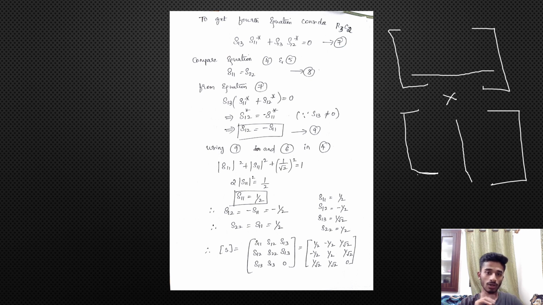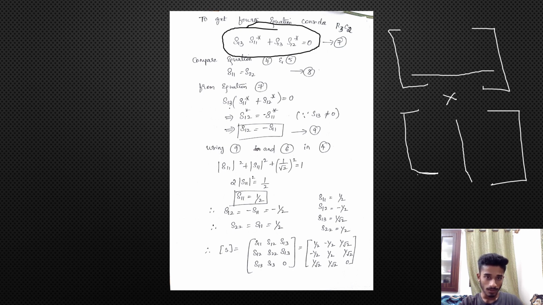From equation 7, we are going to take S13 as common. When we take S13 as common, we get S13 into S11 asterisk plus S12 asterisk is equal to 0. As we all know, S12 asterisk is equal to minus S11.